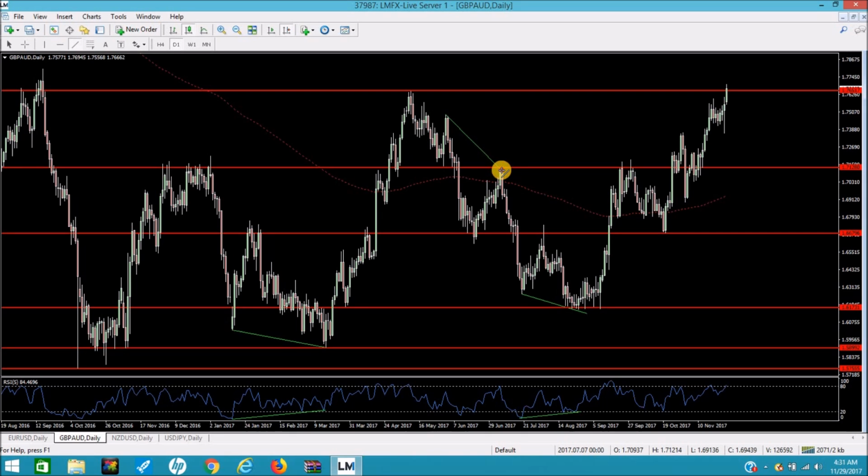Price was making a lower high, while our RSI is making higher highs. Hidden divergence, guys. So now we have a break in support. Price came back, completed the hidden divergence at a resistance level.